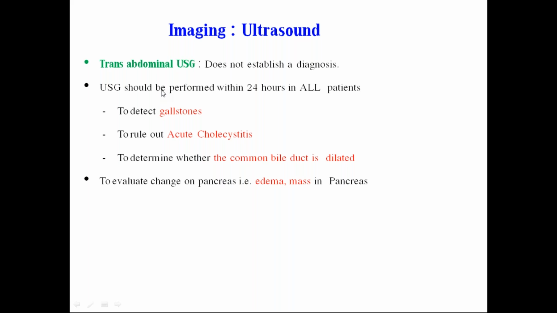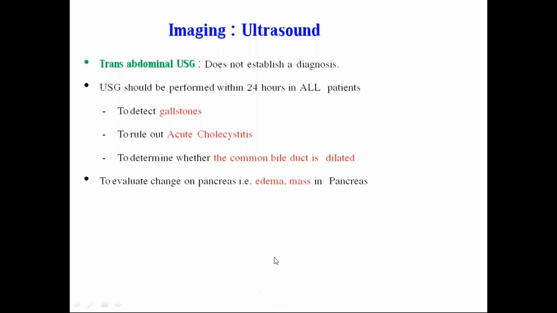Ultrasound can also determine whether the common bile duct is dilated or not, and evaluate the changes in pancreatic edema. In pancreatitis, the radiologist's ultrasound report will say the pancreas is bulky and edematous. If there are any complications like pancreatic ascites or any localized fluid collection, they can be seen.